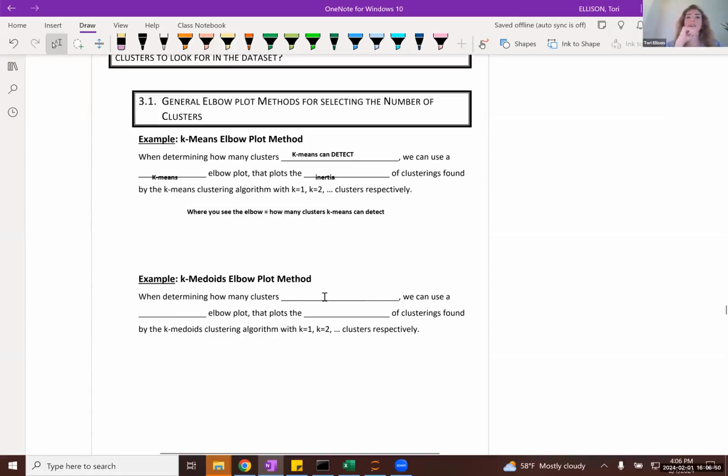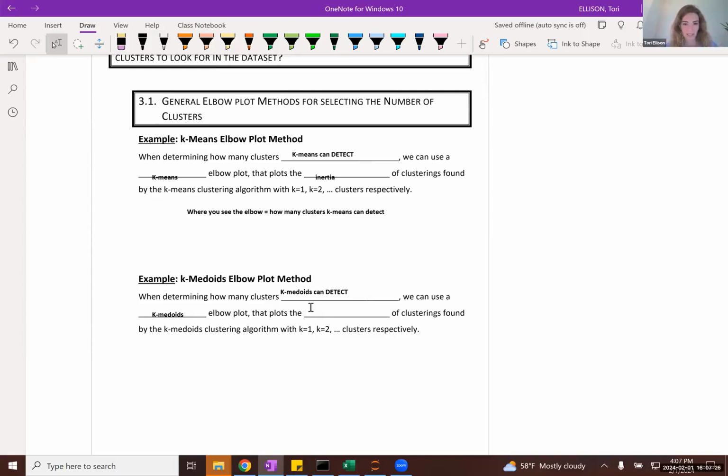Okay. And similarly, maybe we didn't trust k-means. Maybe we felt that k-means is not identifying all of the clusters that might exist. So maybe instead, or in addition, we might choose to use a k-medoids elbow plot. When determining how many clusters k-medoids can detect, we can use a k-medoids elbow plot, which again plots the objective function that we are ultimately trying to minimize with the k-medoids optimization problem.